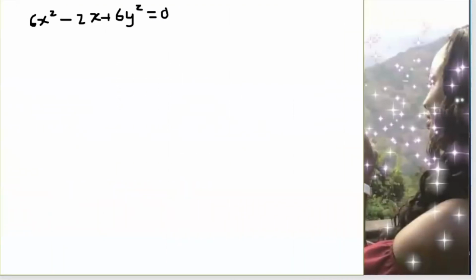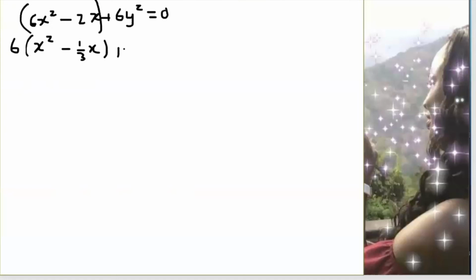Now I'll be performing completing the square, where I have 6x squared minus 2x. So I will factor out the 6 that's here, and that means I'll be left with x squared minus 2 divided by 6, that is 2 over 6, which is reduced to 1/3 x.